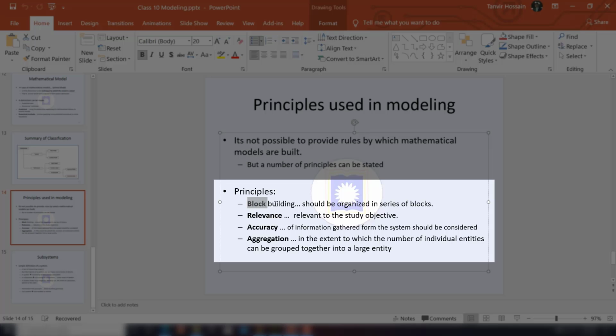The first one is block building, the model should be organized in a series of blocks. Next is relevance, relevant to the study objective. Next, the accuracy of information gathered from the system should be considered. The last one is aggregation, the extent to which a number of individual entities can be grouped together into a larger entity.